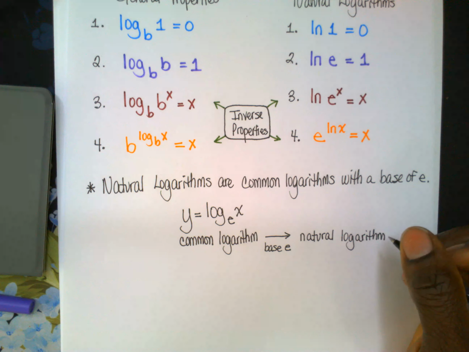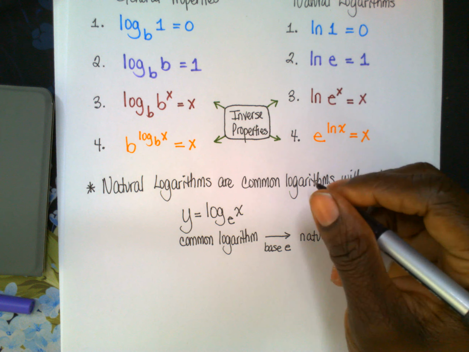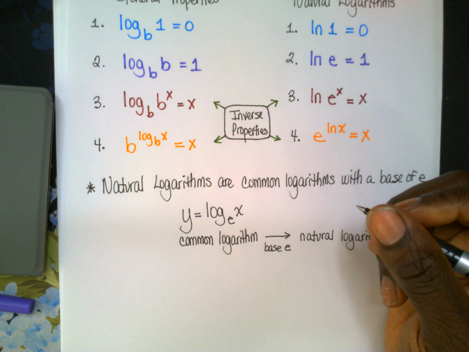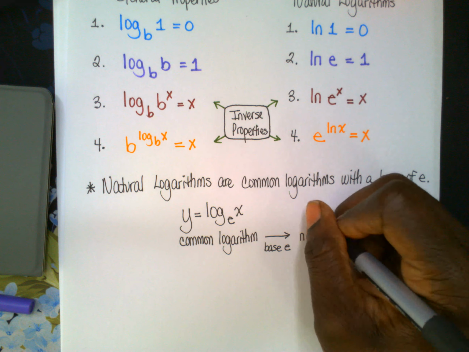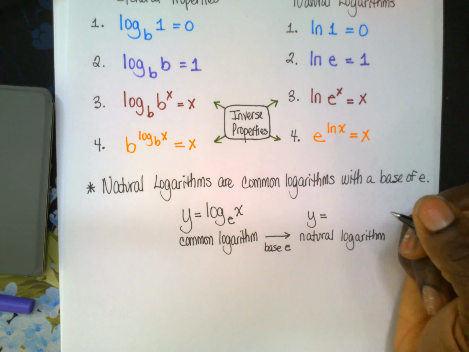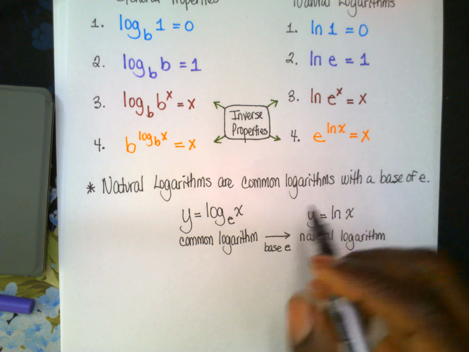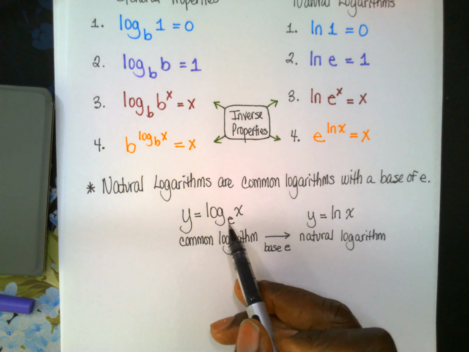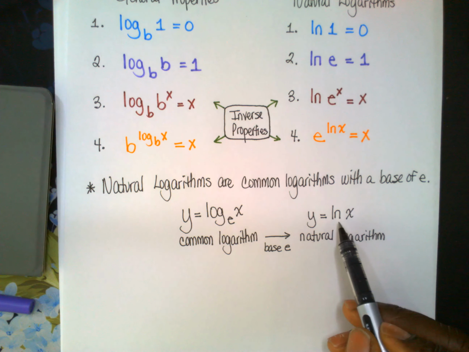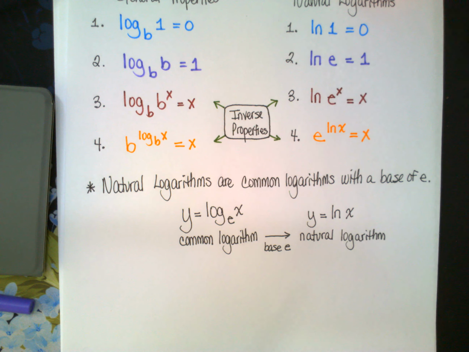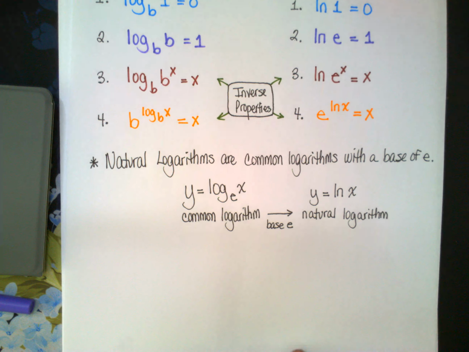And what this looks like as the natural logarithm is the following: y is equal to the natural log of x. So notice we no longer have log base e. Log base e is natural log.